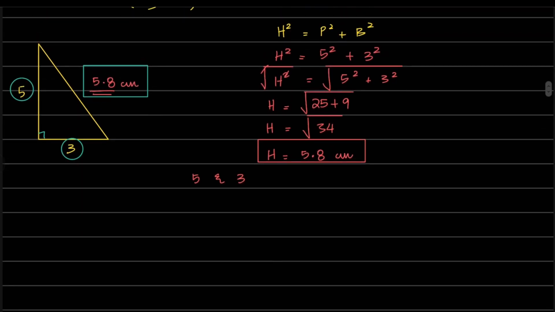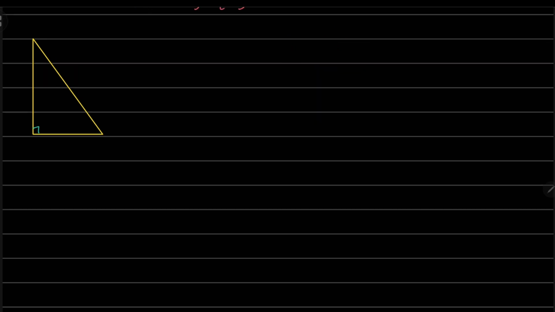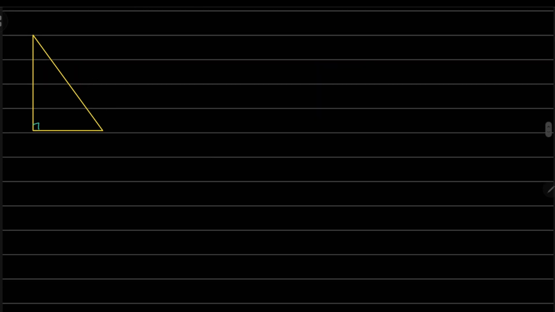Let's change this up a little bit. Let's say I've got the hypotenuse side, I've got the base, which is, let's say, 4, and I need to find out the perpendicular side.